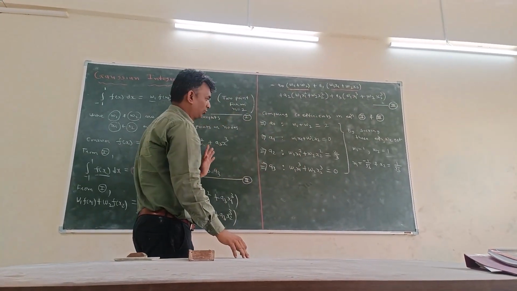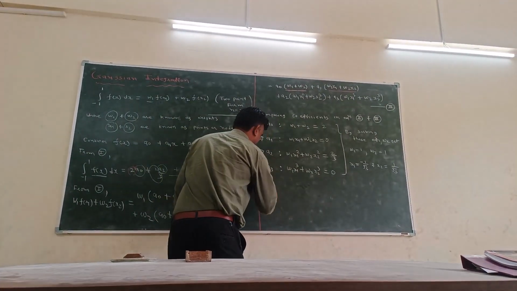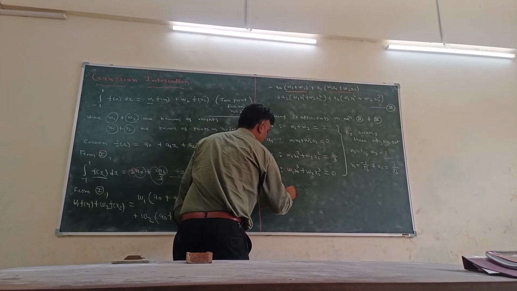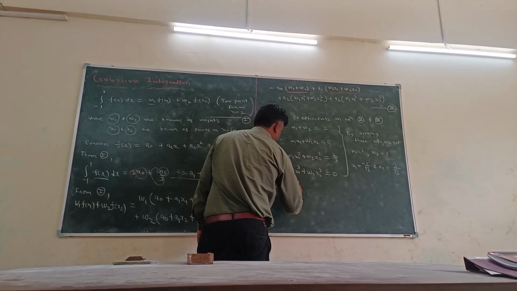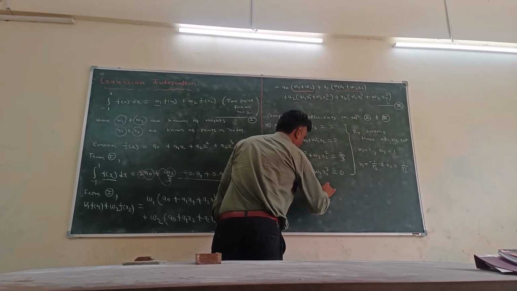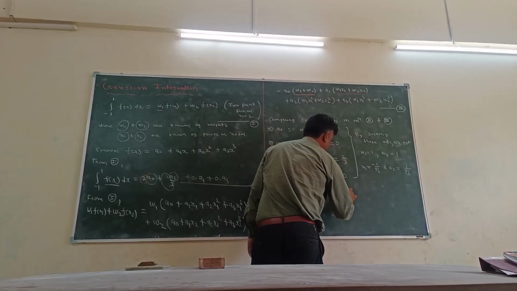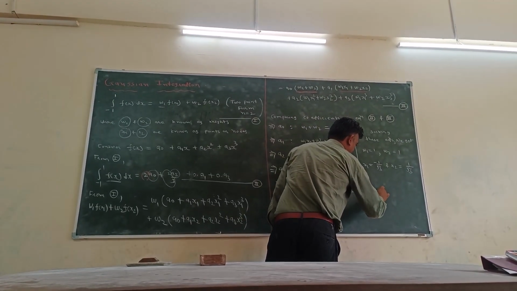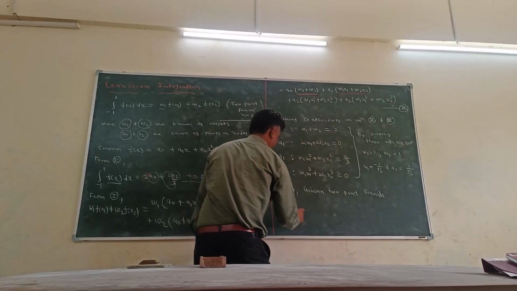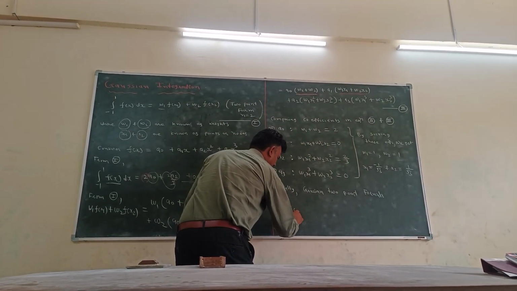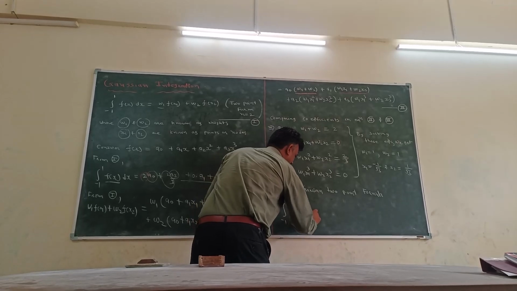So finally, the 2-point formula is given by integration from -1 to 1 f of x dx.